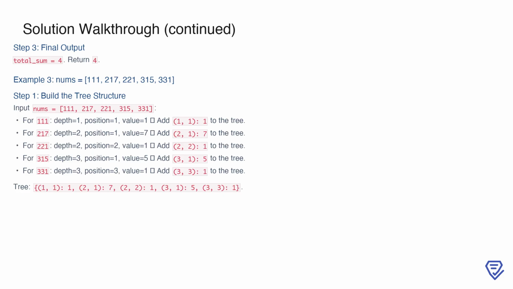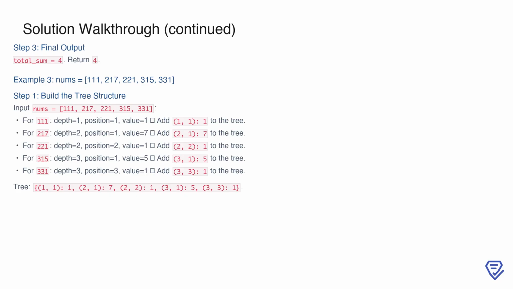So adding this to the current sum gives current sum equals 4. Since (2,2) has no children, it is a leaf node, and we add this path sum of 4 to the total sum. With no more paths to explore, the total sum of all root-to-leaf paths in this example is total sum equals 4. We return 4 as the final output.